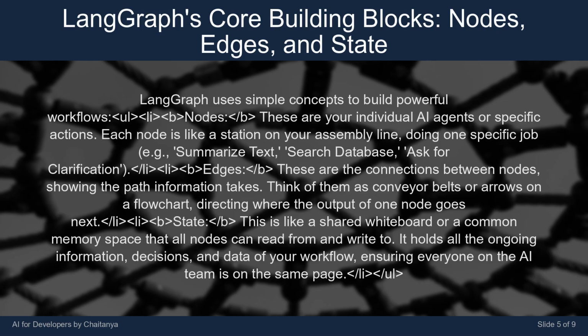Edges: these are the connections between nodes, showing the path information takes. Think of them as conveyor belts or arrows on a flowchart, directing where the output of one node goes next.